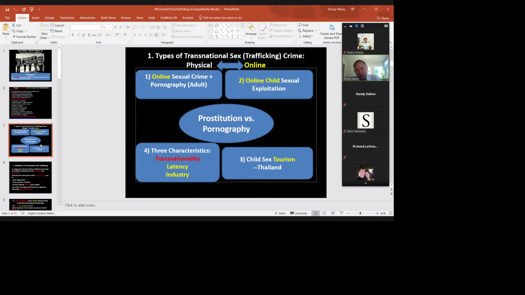And then here, prostitution versus pornography. Prostitution means a person will have sex in exchange for money. Pornography means the person is selling her body or pictures in exchange for money.